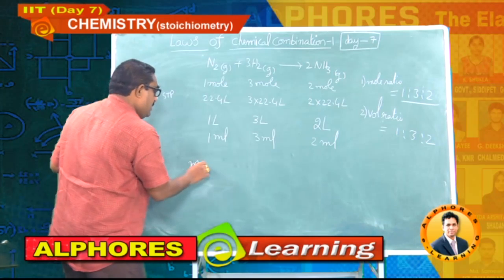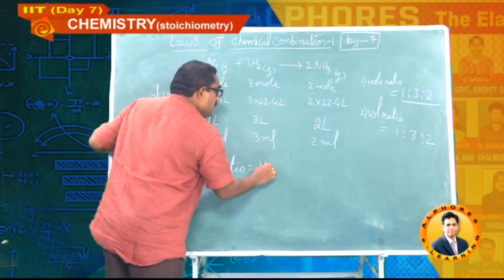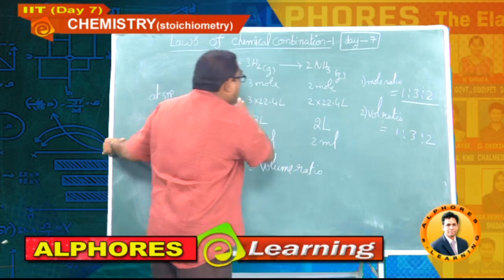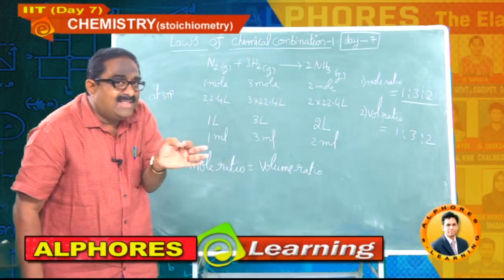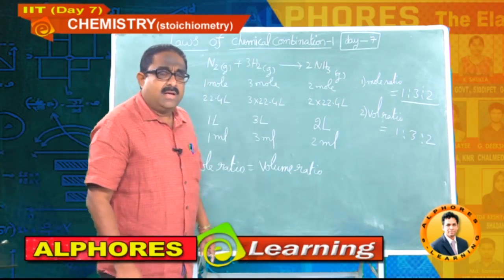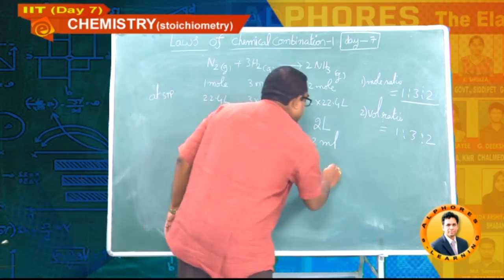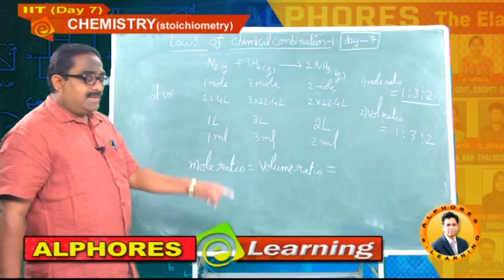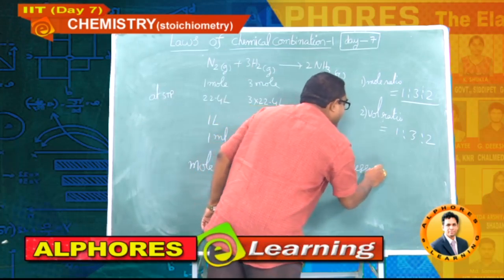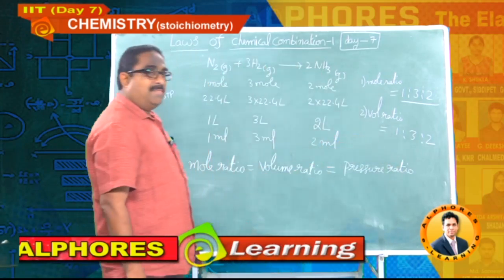So I am writing here, mole ratio is equal to volume ratio of components, that is only for gaseous components. Don't forget, if you want to apply Gay-Lussac's law, the reaction should possess at least 2 gases. Volumes ratio is also equal to pressure ratio of those particular components.